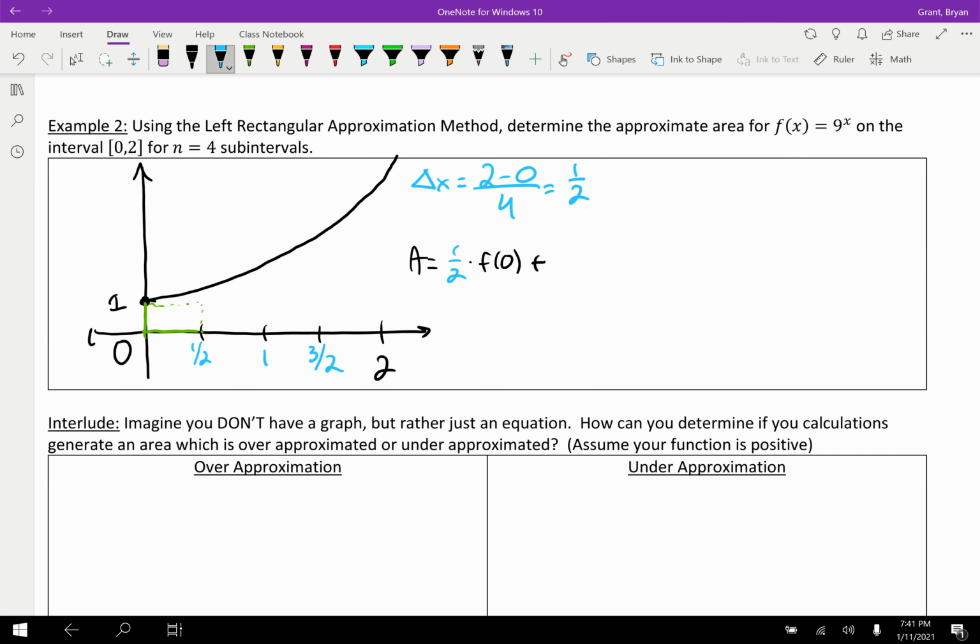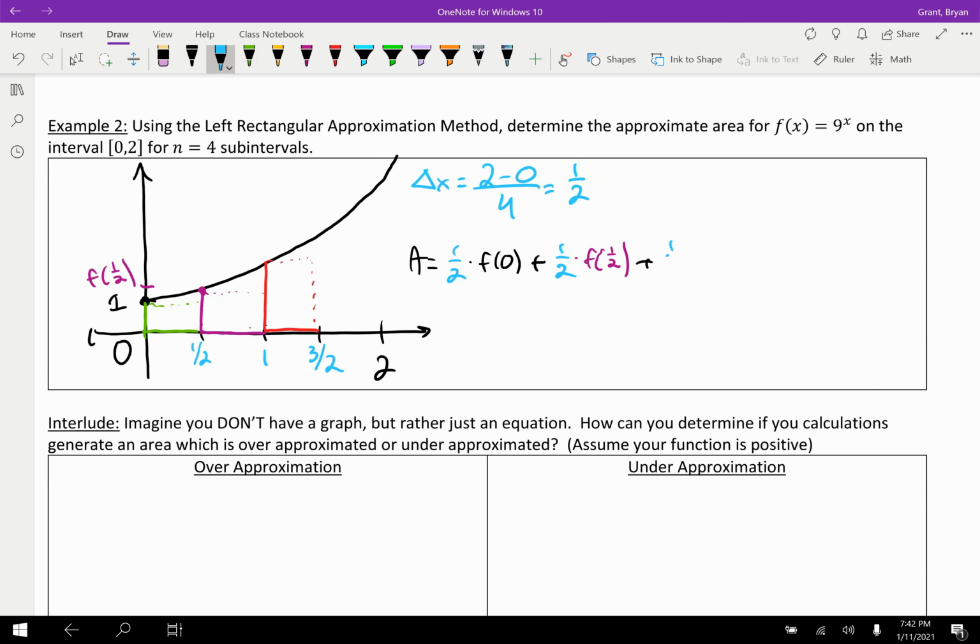Next up, we again have a base of 1/2. I'm going to draw this rectangle in purple. We go to the left side of the interval. It's a left rectangular, and draw over. And so the height here, I think we would call f of 1/2, whatever that is. So this is going to be f of 1/2. Then we do our third one. Draw to the left, up, right? Start on the left side of the interval might be a better way to think about it. And we do the same thing.